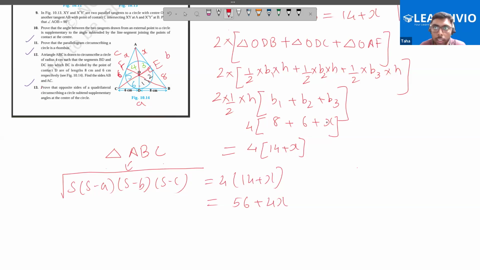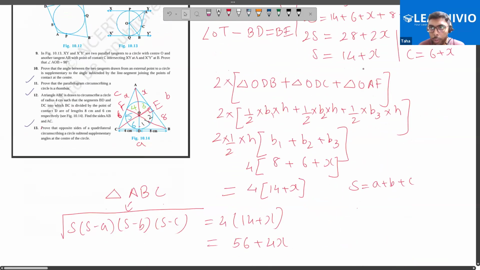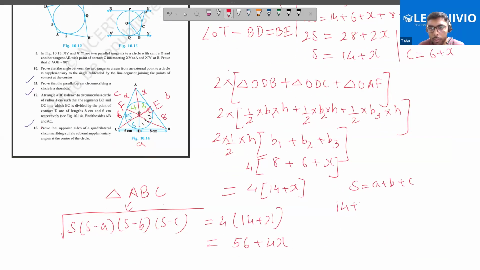And on this side, what was the value for S? S is equal to A plus B plus C over 2. Let us just bring it down from the top. The value for S was 14 plus X, and A was 14, B was 8 plus X, and C was 6 plus X.